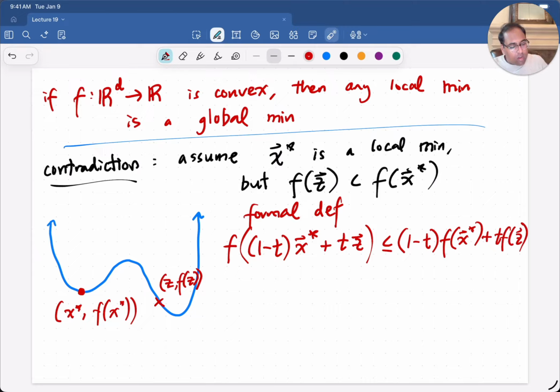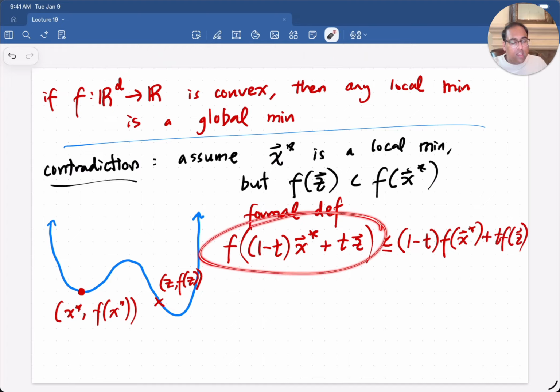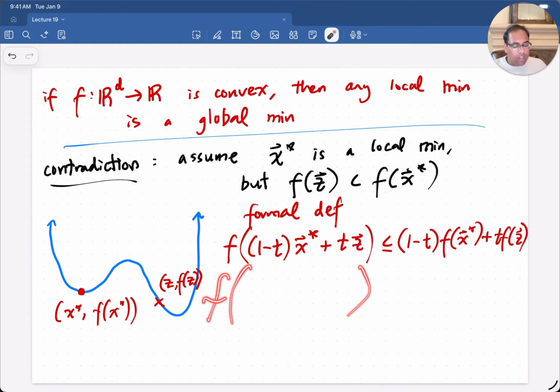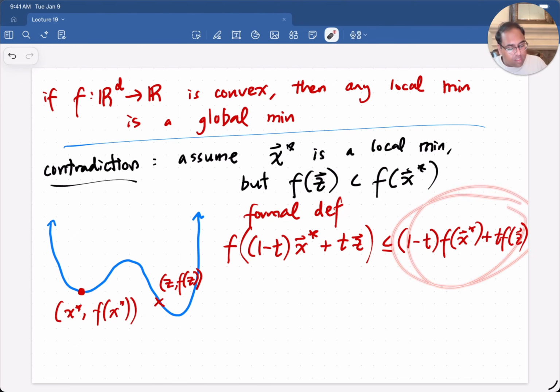Okay, and remember, the left-hand side, the thing that is smaller in the definition of convexity, is the one where the function is wrapping the entire thing, because the whole point is that if the function is convex, which this one, of course, isn't, the function is below the line segment. So this is the line segment, this is the function.